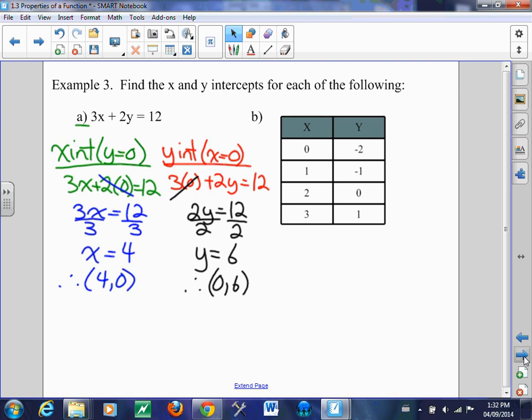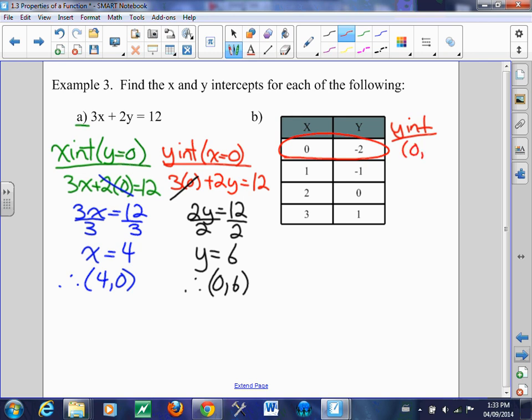Now B, we're given a table of values. As long as you've got a 0 in either the x or the y, you're set. So let's circle this first one here, (0, -2). The y-intercept is whenever x equals 0, so we already have it here. So it's a y-intercept of the ordered pair (0, -2), or you can say y equals -2.